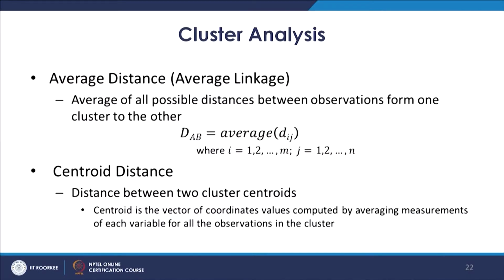Now, this brings us to our next metric, that is centroid distance. Let us understand how this particular metric is defined. Centroid distance is defined as the distance between two cluster centroids. Now, when we say centroid, we need to define this. How is centroid defined? A centroid is the vector of coordinate values computed by averaging measurements of each variable for all the observations in the cluster.